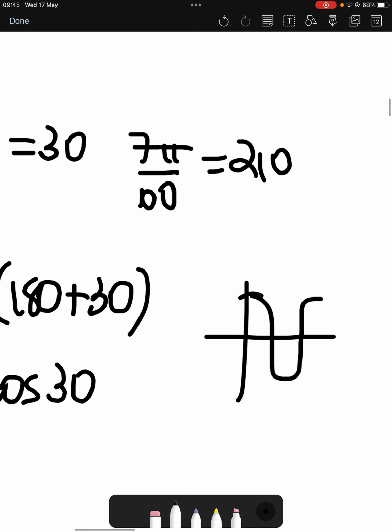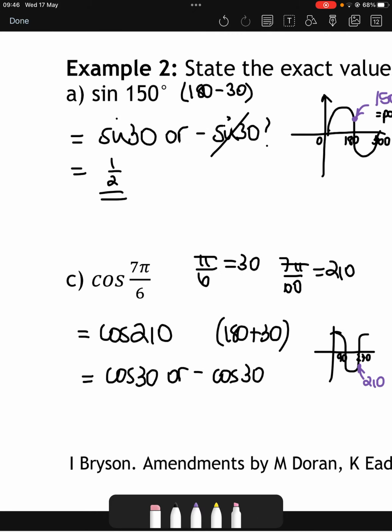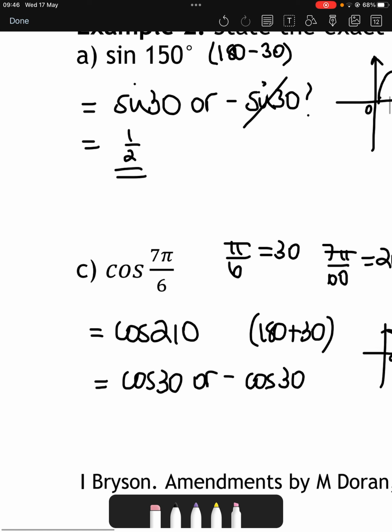So I'm like, right, what are my key values? I know that's 90 and that's 270. So 210 must be about here. Which is negative, between the 0 and the 180. So it is the same as negative. And cos of 30 is root 3 over 2, so the answer is negative root 3 over 2.